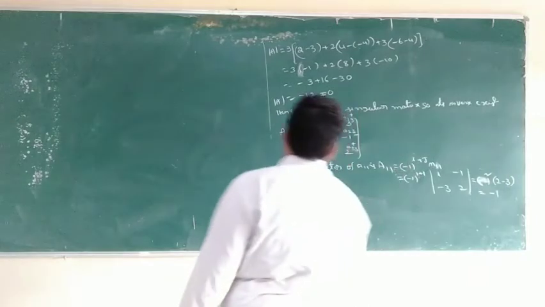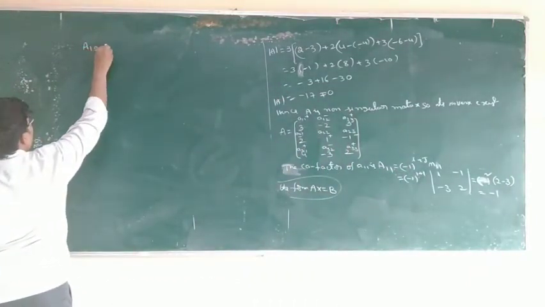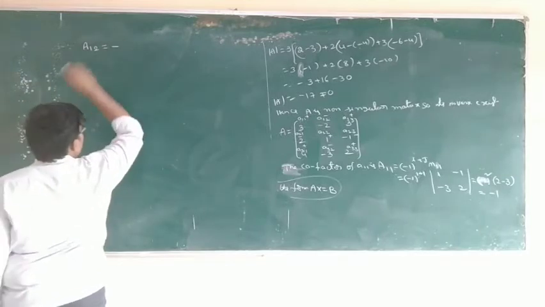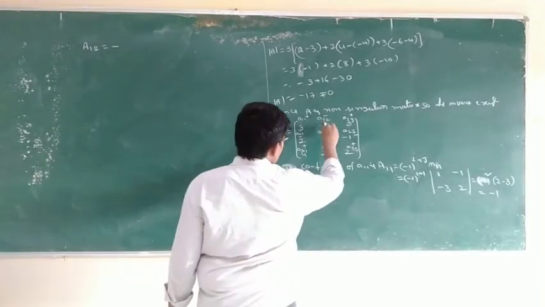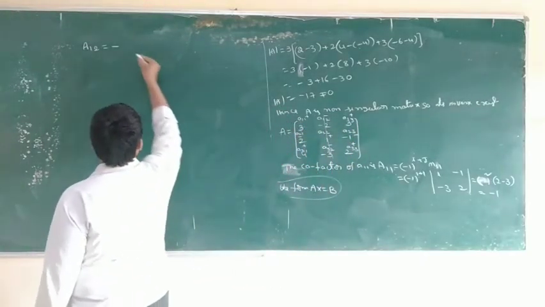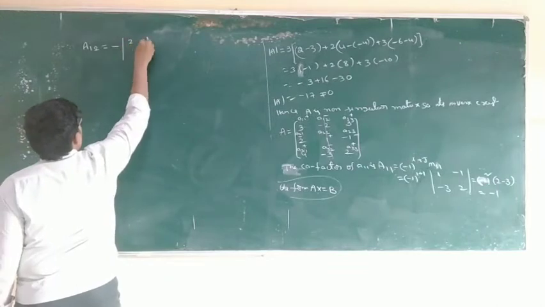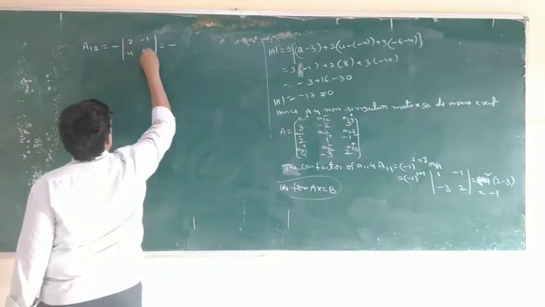Next, A12, capital A12: the position is minus 1, with the corresponding row and column deleted. The remaining matrix is 2 minus 1, 4 2, which gives 2 into 2 is 4, minus of minus 4 times minus 1, that is equal to minus 8.